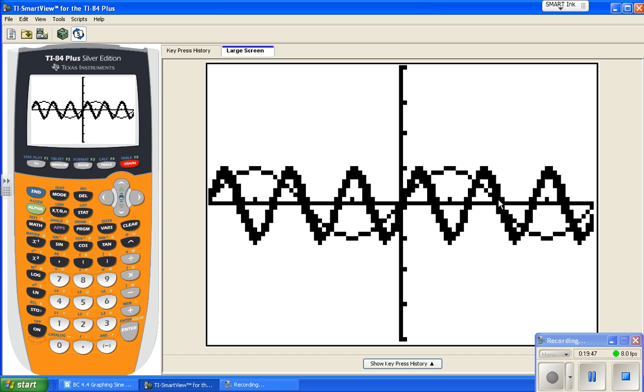Notice how if all of this was one period that was 2 pi, notice how now I have a period and a period and a period. All of that happened in what used to be 2 pi, so that's now a third of that, so 2 pi over 3.